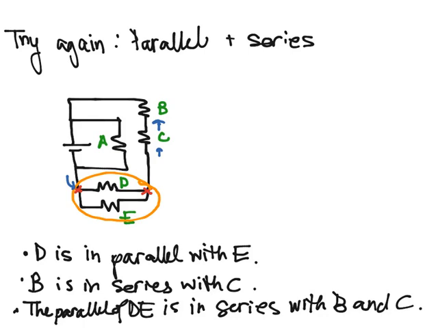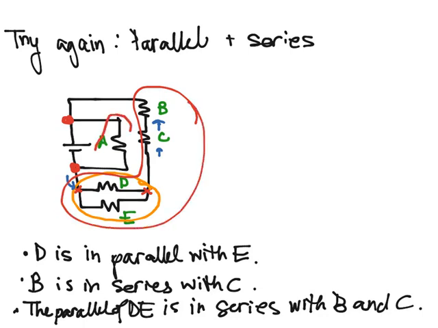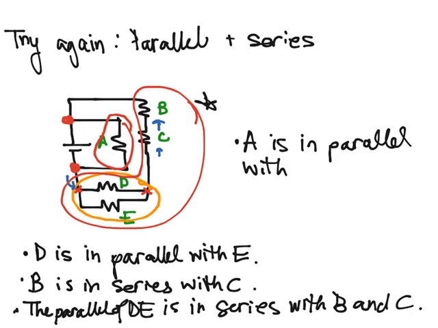Okay, and then finally, maybe you can see this, maybe you can't, but I see that I have 2 points right here where I'm connected on both ends if I lump all of these together, and I'm connected on both ends to A. So I can say that A is in parallel with, and I can give this whole big red circle that I just drew around the rest of them a name.